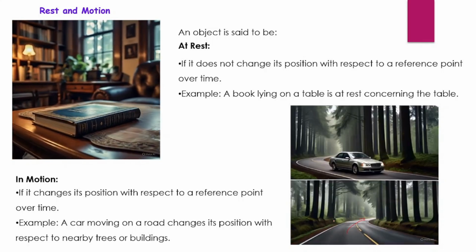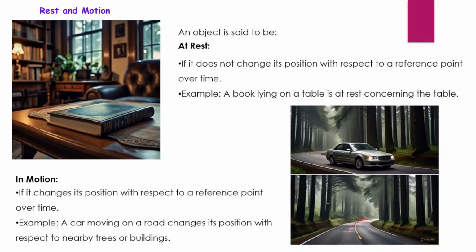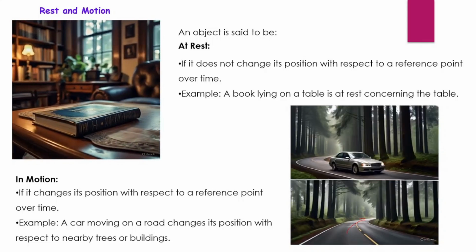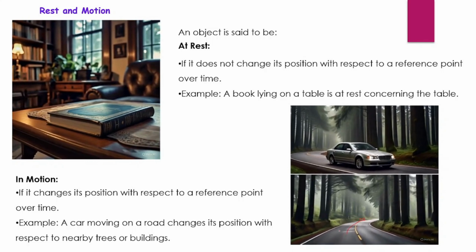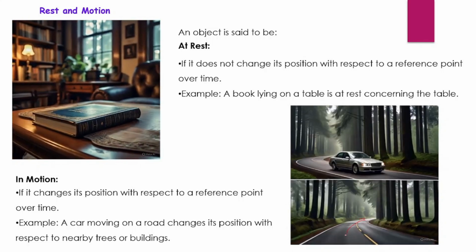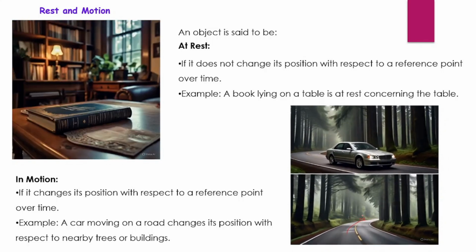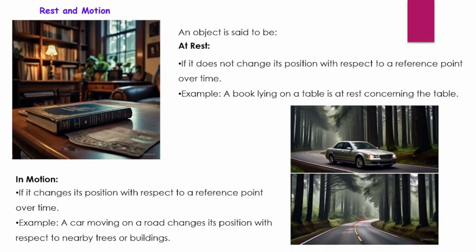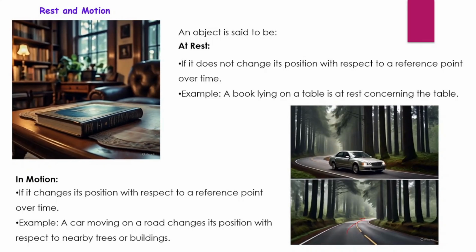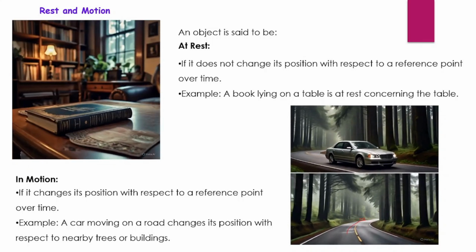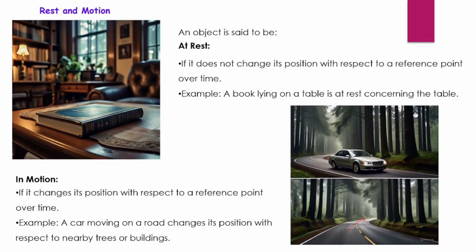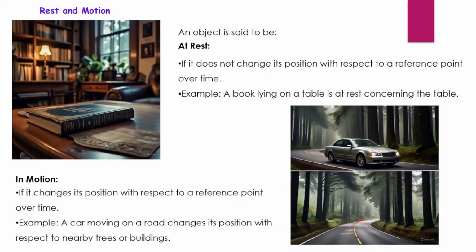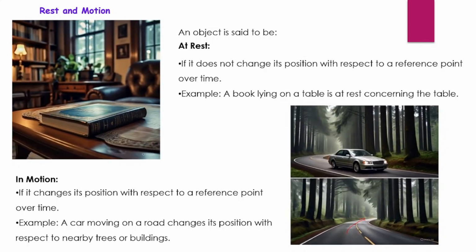With respect to the car, we feel that the trees are moving back. So what does it show? The thing in which we are sitting is moving. So that is motion. An object is said to be in motion if it changes its position with time. An object is said to be at rest if it does not change its position with respect to time or a reference point.